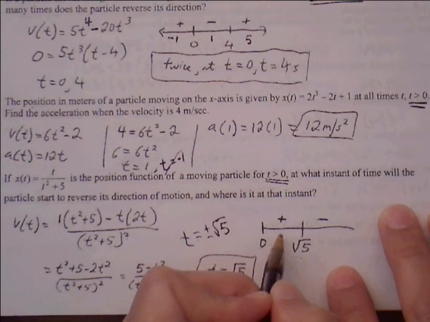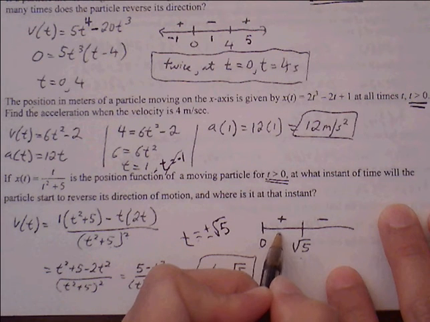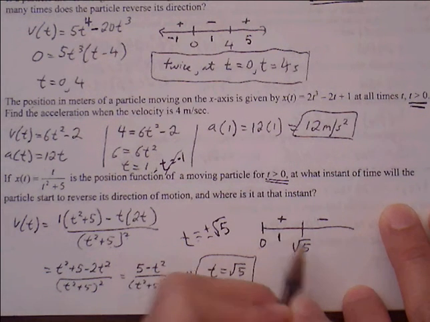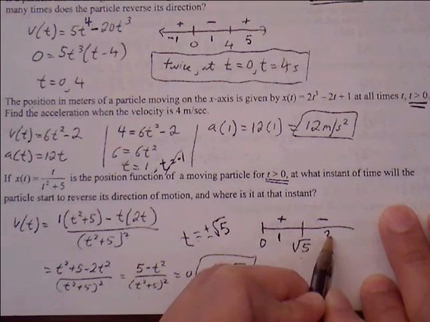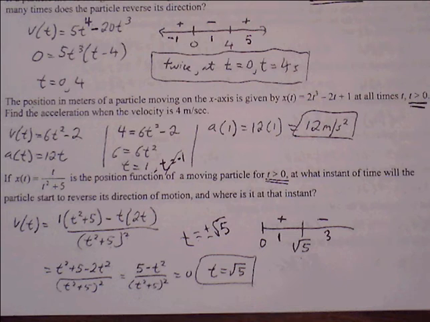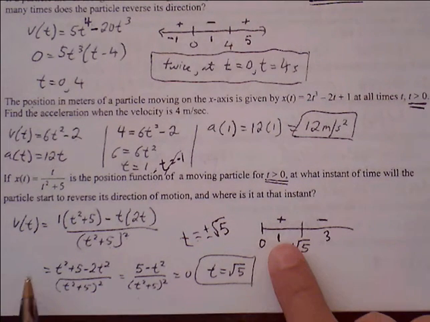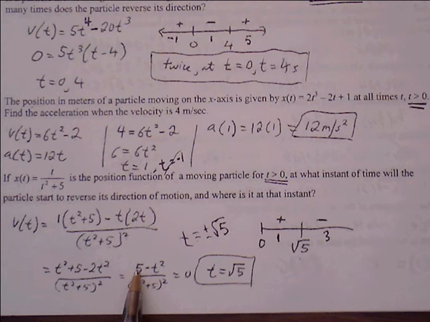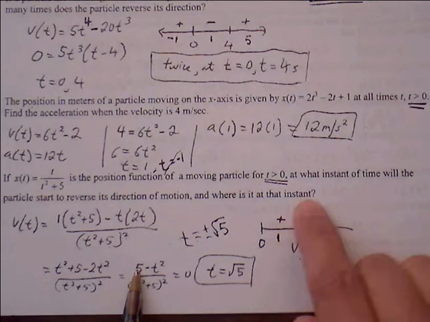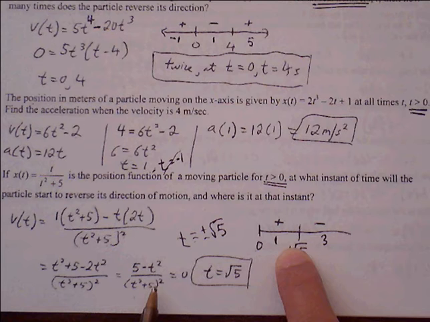So we're going to choose a point. To the left of root 5 is 1. To the right of root 5, maybe we can choose 3. So if I plug 1 into the velocity function, the numerator would give 5 minus 1 squared, which will be positive. The denominator is always going to be positive because it's squared. So positive over positive is positive.